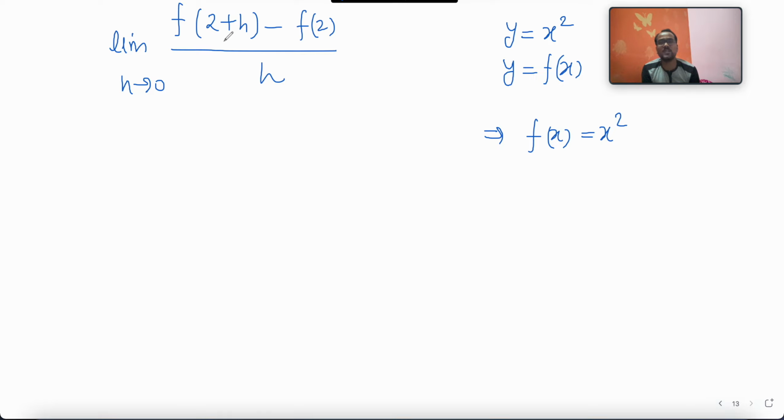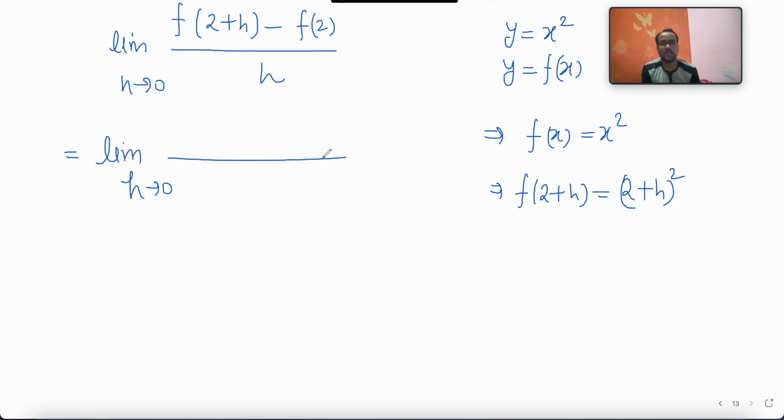So f of 2 plus h will be, in place of x you write 2 plus h, that would be 2 plus h whole square. That means this limit will become limit h tends to 0, f of 2 plus h can be written as 2 plus h whole square, minus f of 2 can be written as 2 square, upon h.